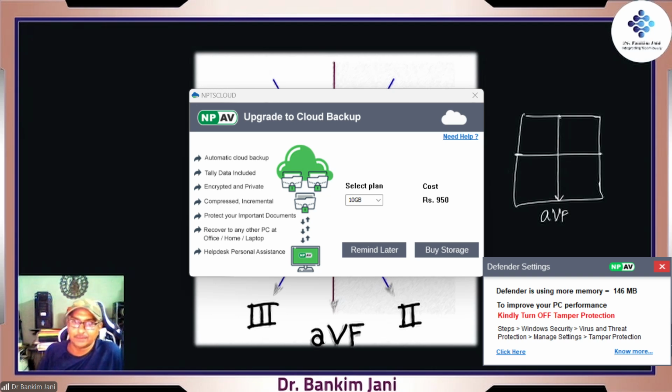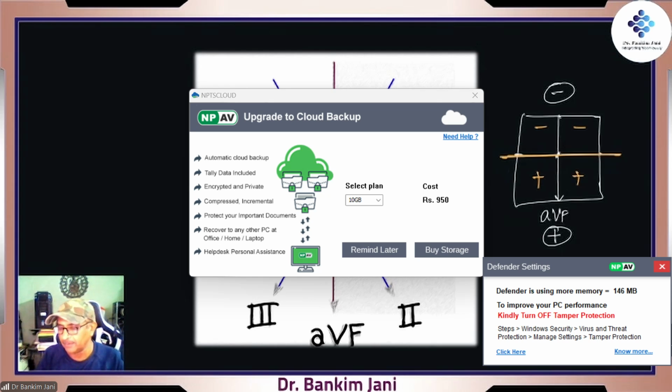AVF is this side plus, this side minus. So here it is 0. This would be the line which will be dividing. So for AVF, this is plus, this is plus, this one is minus, this one is minus.